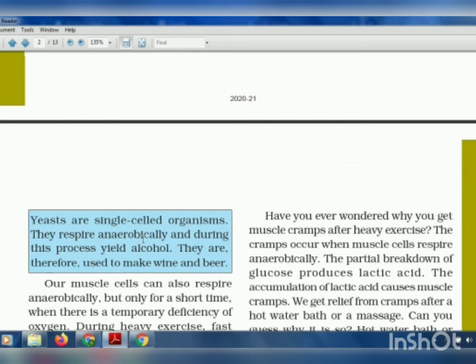And what do they produce when they respire anaerobically? They produce alcohol. Wine and beer are the two beverages that are alcoholic. Why are they called alcoholic drinks? Because when yeast is added into wine and beer, the yeast produces alcohol, and that's why these two drinks are called alcohols. They contain alcohol.